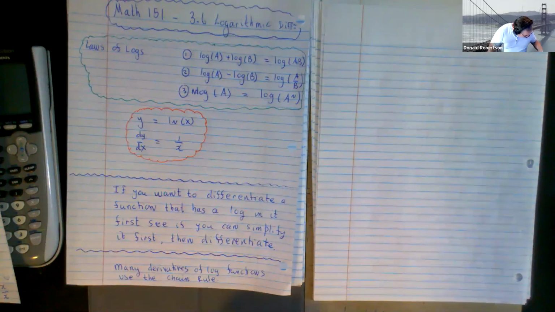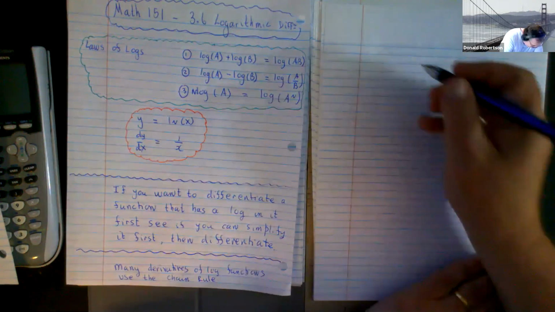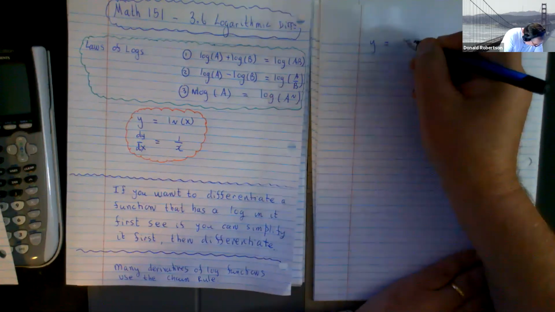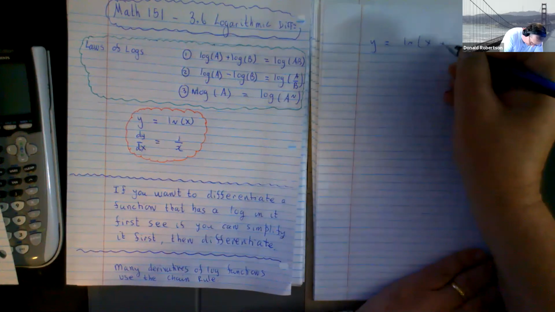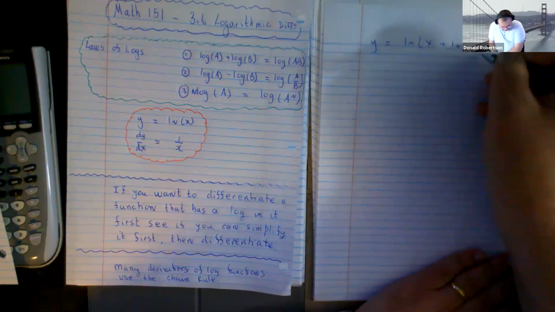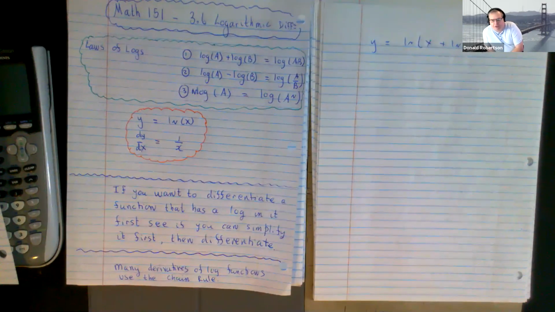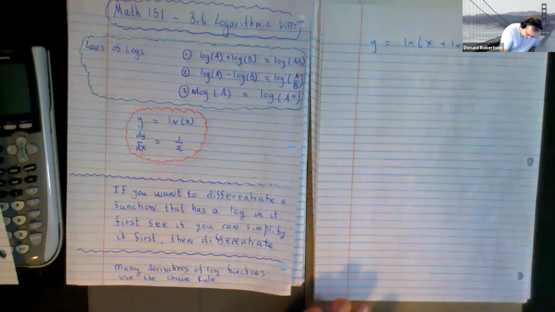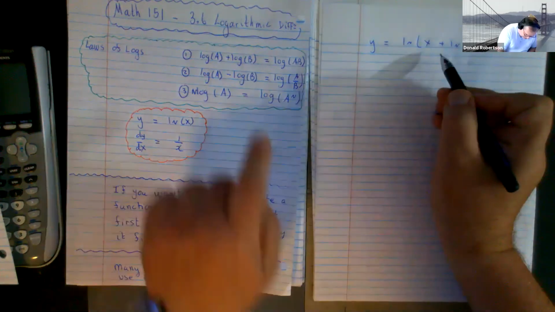We have this fellow, a chain rule. So I've done a product, I've done a quotient with a log in it. Let's do a chain rule with a log in it. In fact, let's do a chain rule with some logs of logs in it. Nothing you can do algebraically.